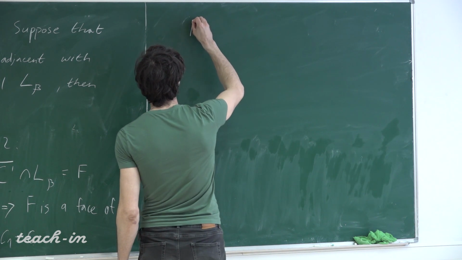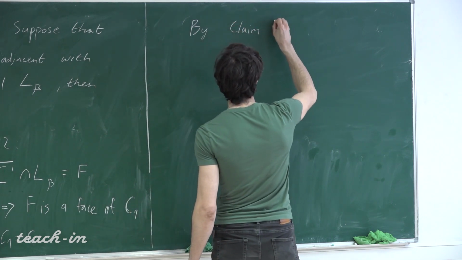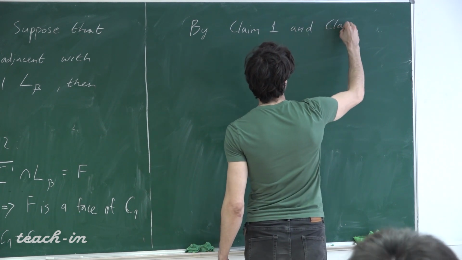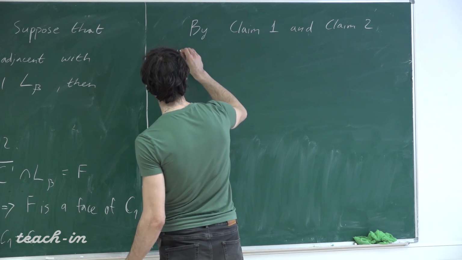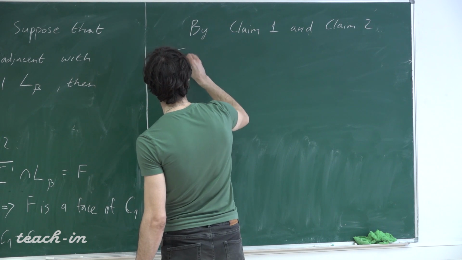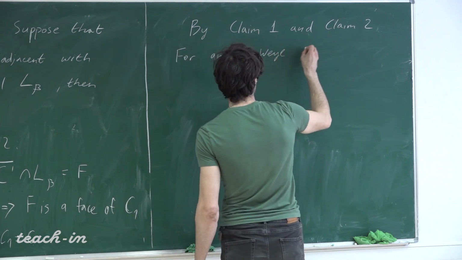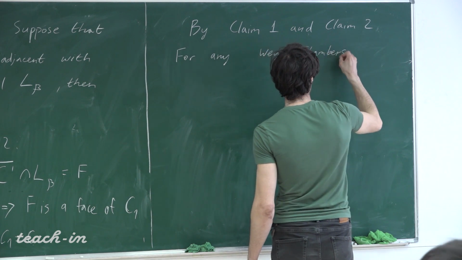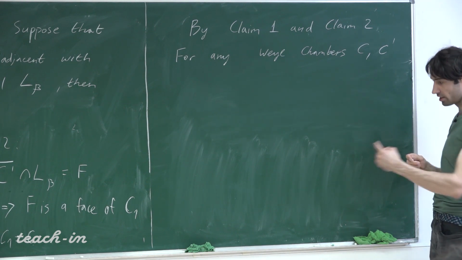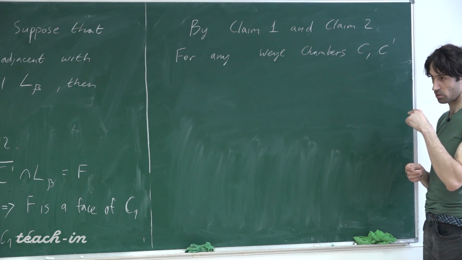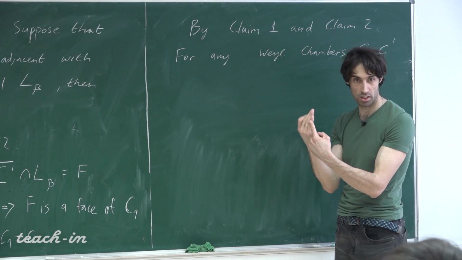By claim 1 and claim 2, if I take any two Weyl chambers C and C prime, let me find this sequence of adjacent chambers, and then go from C0 to C1 by reflection with respect to beta that defines a common wall.